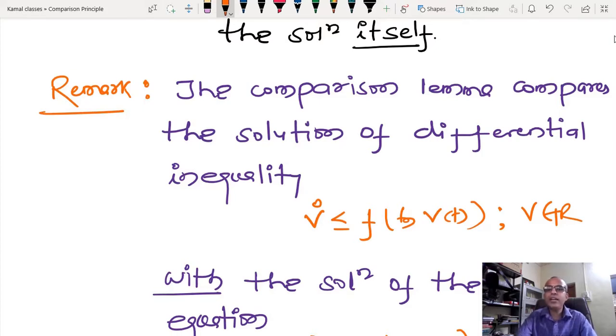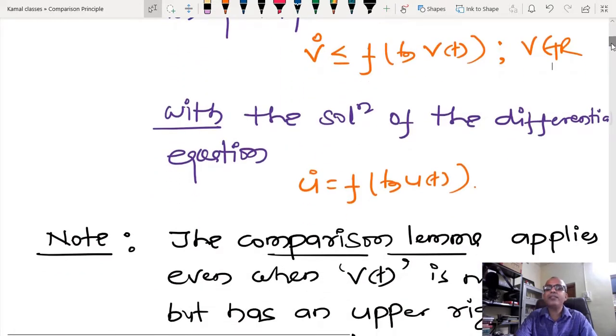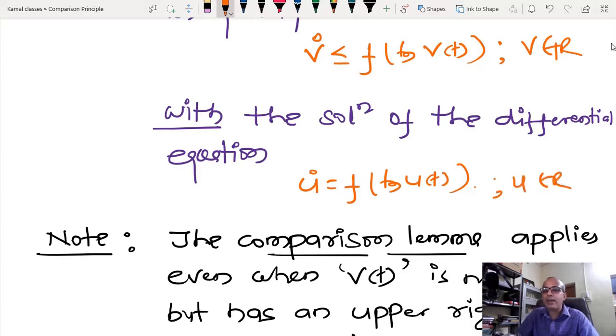So how are we solving this? We define an equivalent differential equation. In place of v, I substitute one quantity u, maintaining the same function, just changing v to u, and this is the equivalent differential equation of this differential inequality, and again u belongs to the real line.